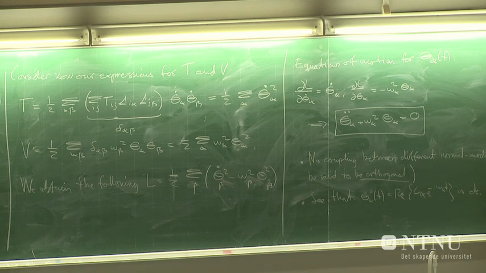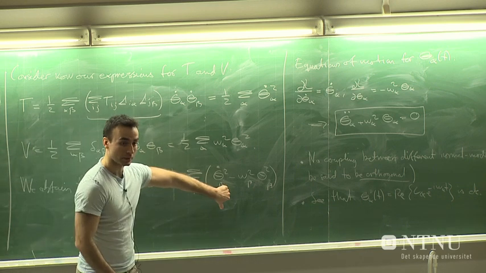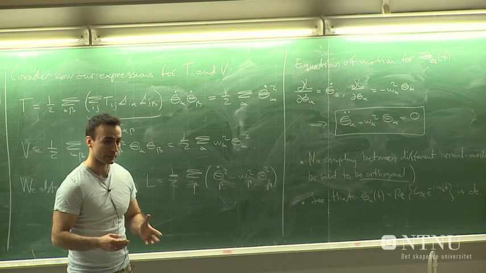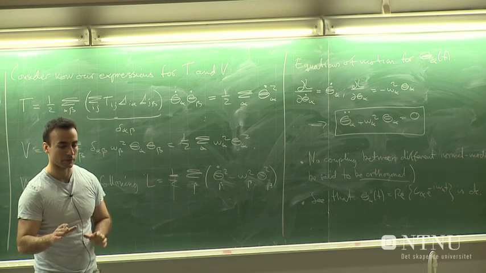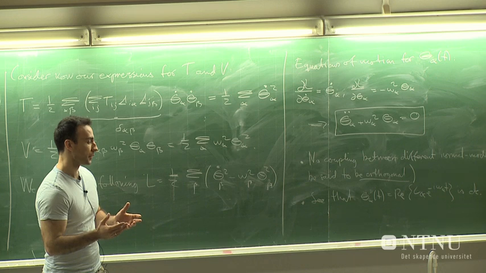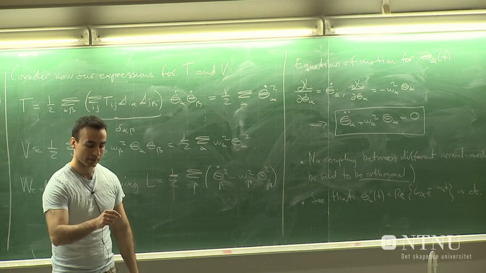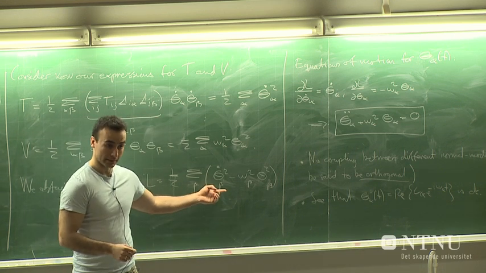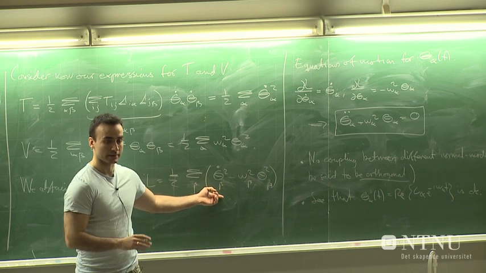So in some cases, it might be a bit tricky to find this transformation from the original generalized coordinates to a set of normal coordinates which allow us to find the simple form of the Lagrangian. But if we're able to do so, if we're able to spot some symmetry, for instance, in the system, which makes it plausible how we should choose a new set of normal coordinates theta to get this form, then the solution becomes very simple.